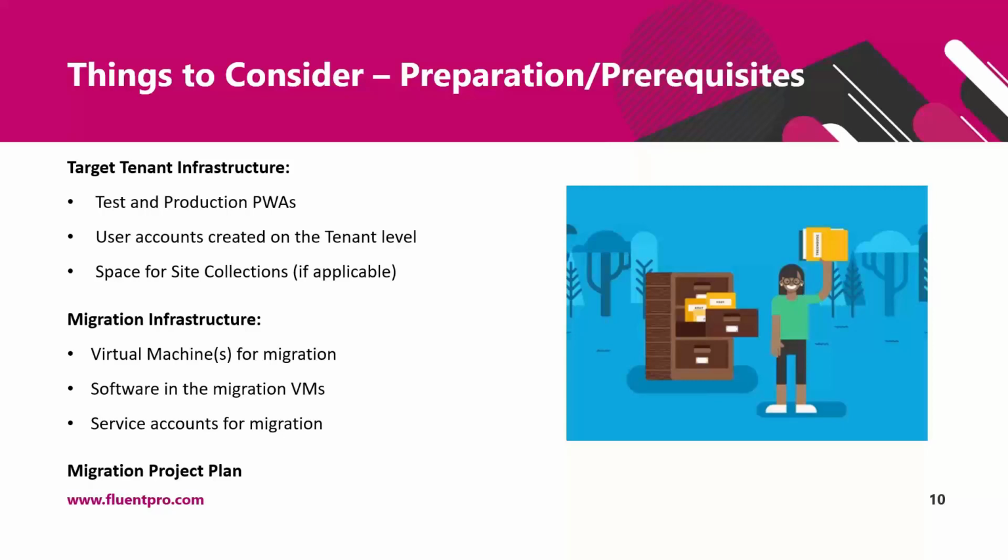And this includes provisioning or creating test and production PWAs in the target tenant or farm, selecting a security model for each of these PWAs, and setting up a DFS if needed. User accounts, like either Office 365 or accounts in the Active Directory, should be created on the target tenant level for all users that will need to be able to log into PWAs and to have their login accounts specified in the corresponding resources.